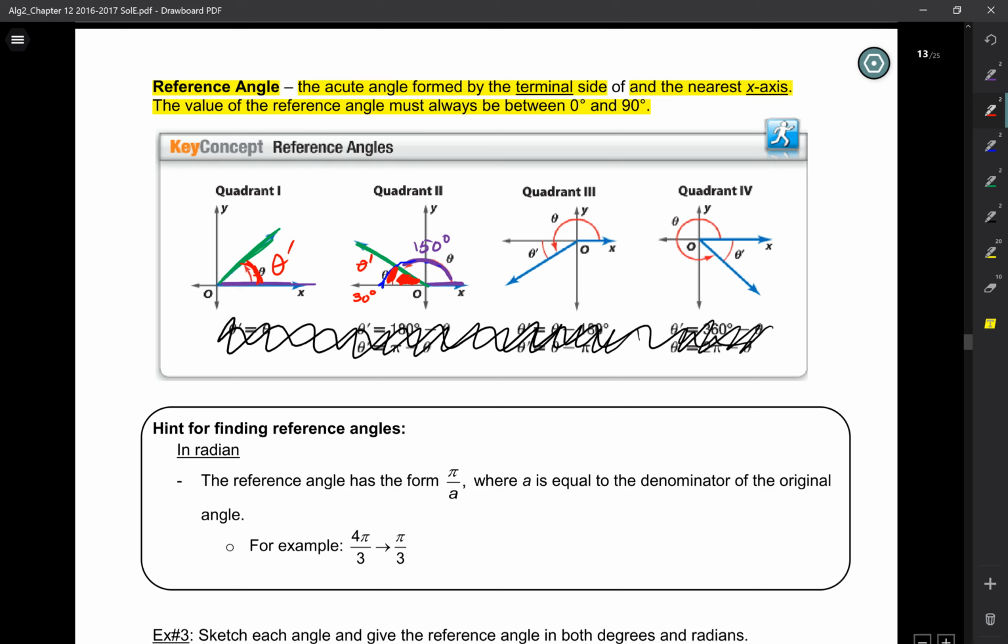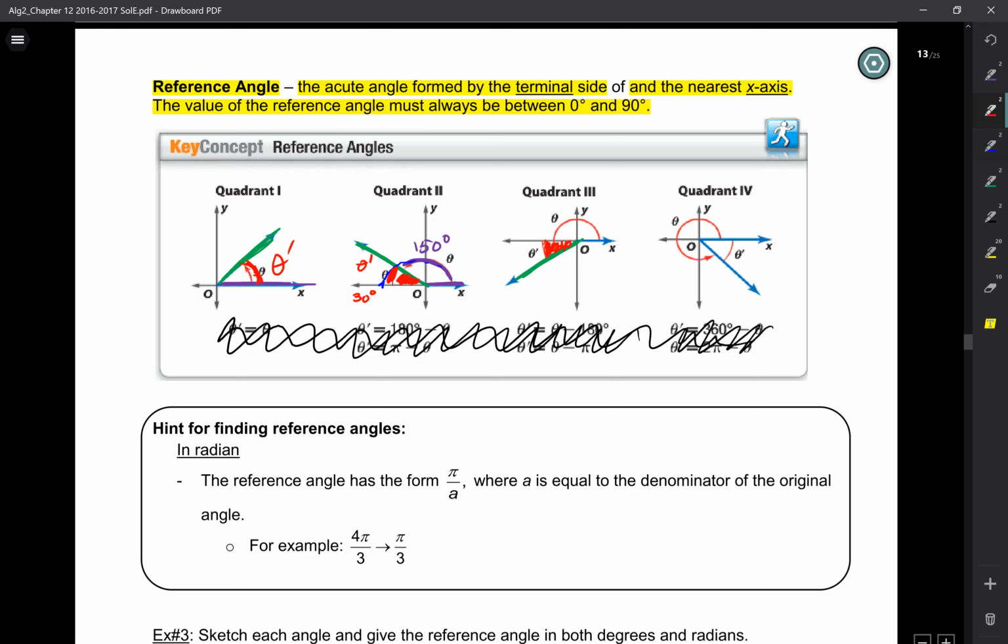Okay, now let's do another one. Here it is in quadrant 3. In quadrant 3, this is my angle. So that's the terminal side. Now, the reference angle, I can either go up or I could go all the way this way to the x-axis, but that's too far. So the reference angle is this. All right?